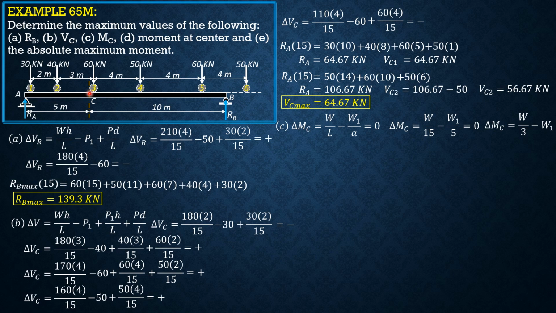So when load 2 is just to the left, just to the right, delta MC equals W, 180 over 3, then minus 70.